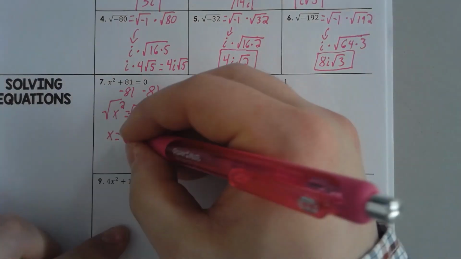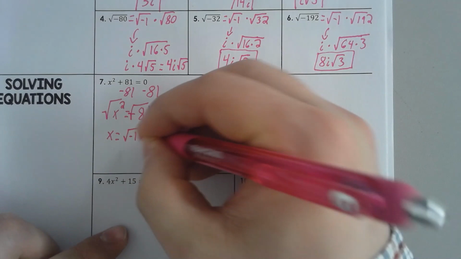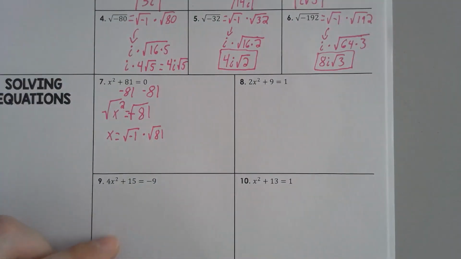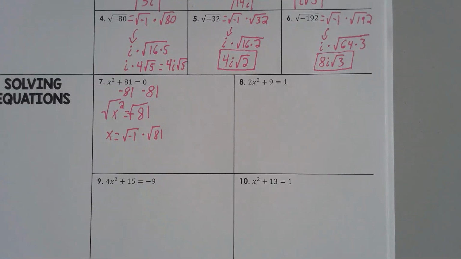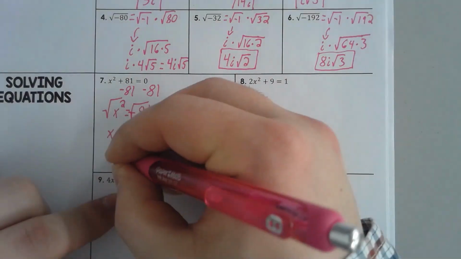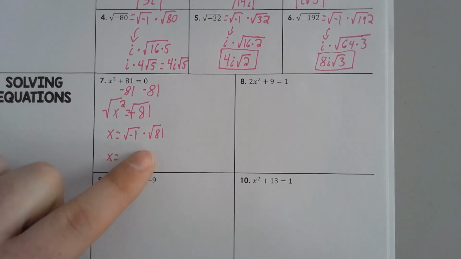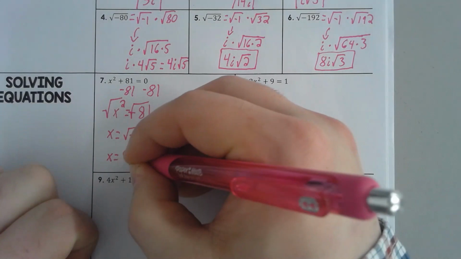So x equals the square root of negative 1 times the square root of 81. Your square root of negative 1 turns into I. Square root of 81 is 9. So your final answer is just 9I.